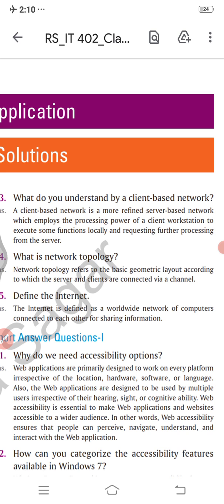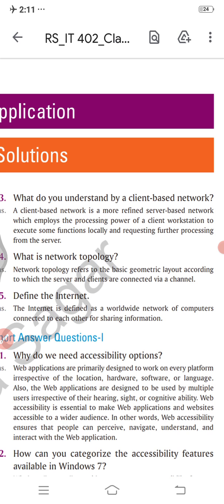It means the client based network is only accessed through the server computer or the server network. So dear students, you must know what the client based network is, and you can answer very easily. Never get confused.